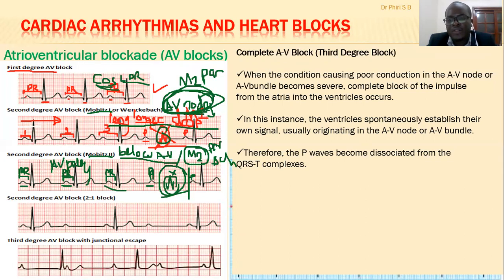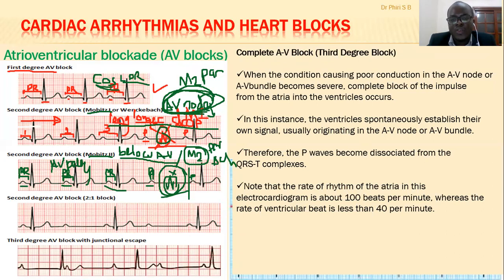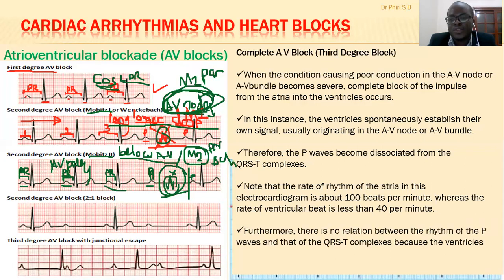Therefore, the P waves become dissociated from the QRS complexes. Note that the rate of the rhythm of the atria in this electrocardiogram is about 100 beats per minute, whereas the rate of ventricular beat is less than 40 beats per minute.